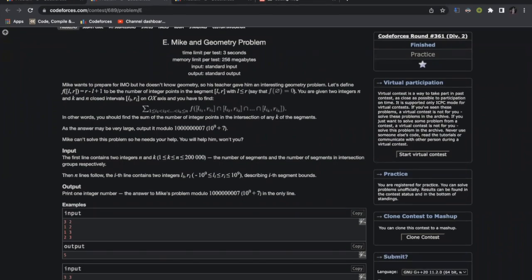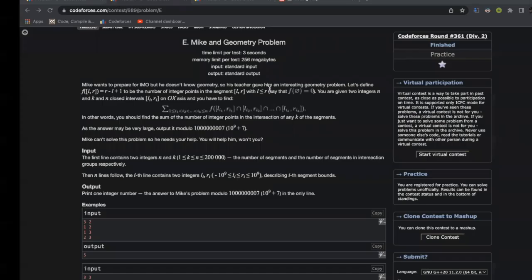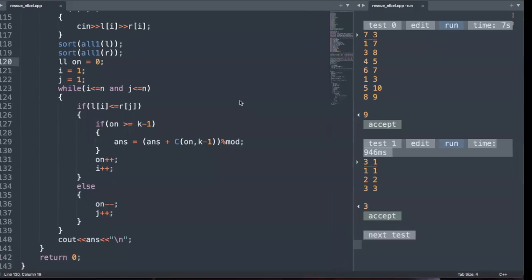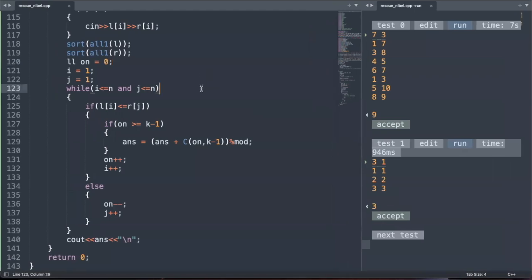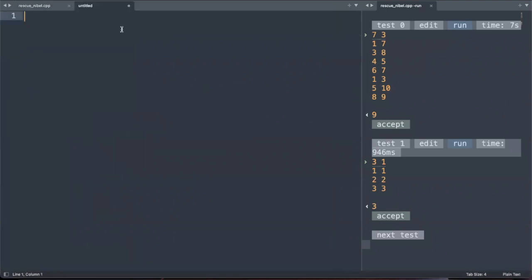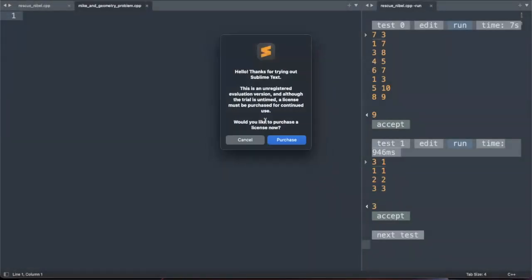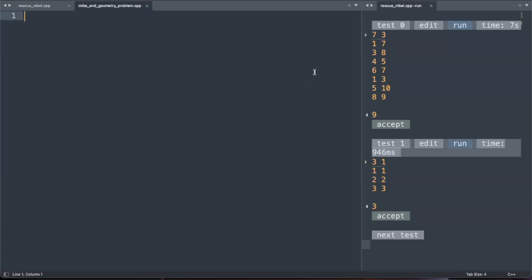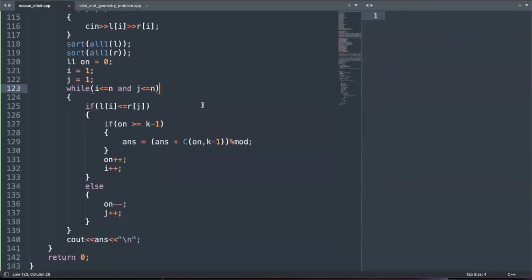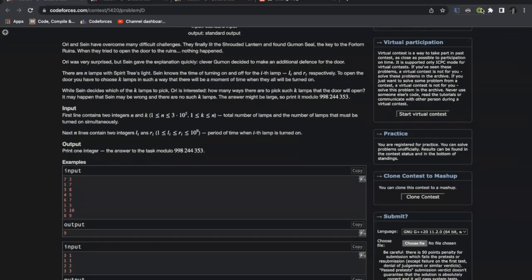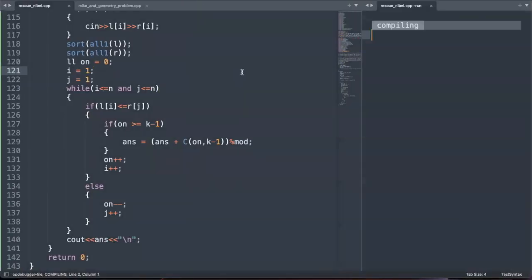So I'll give 2 minutes to think about this problem, and then we can discuss various approaches. If you have anything in mind, you can unmute yourself or maybe write it in the chat. Otherwise, in 2 minutes, I'll start with the solution. So any approaches? This is not much different from the previous problem.